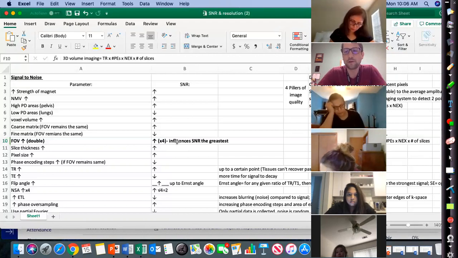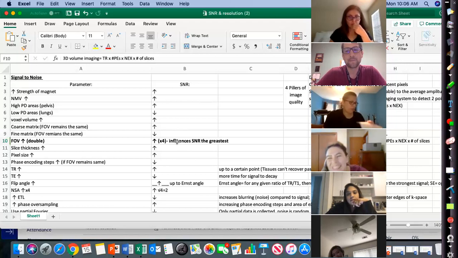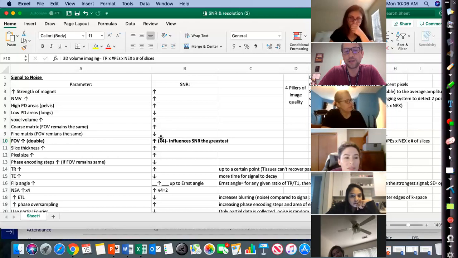What do you think if you tripled your field of view? What happens to your signal? It increases by 6. It's not going to be by 6. The reason we get 4 here is because we square 2.